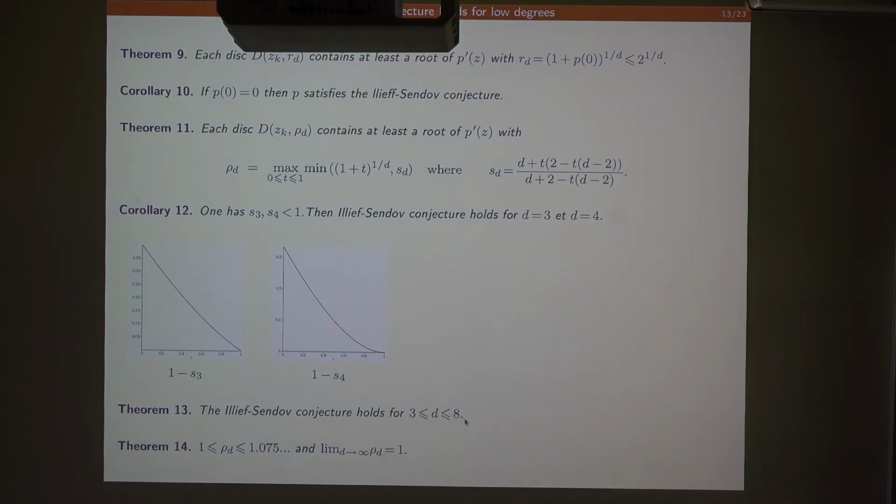And it's an open problem for degree 9, 10, etc. And for 9, it's very, very, very difficult.